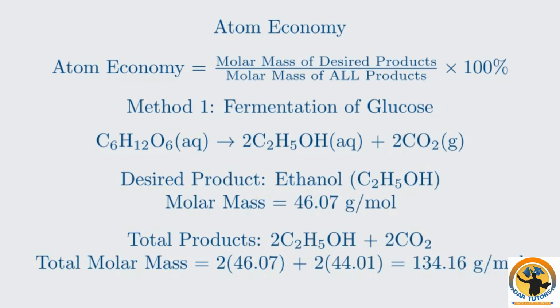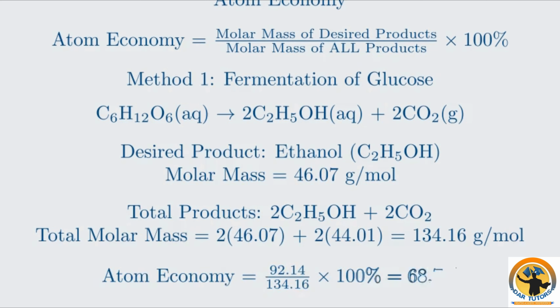The total molar mass of all products, ethanol and carbon dioxide, is 134.14 g/mol. The atom economy is 92.14 divided by 134.14 times 100, which is approximately 68.7%. So 68.7% of the original glucose atoms ended up in the ethanol.